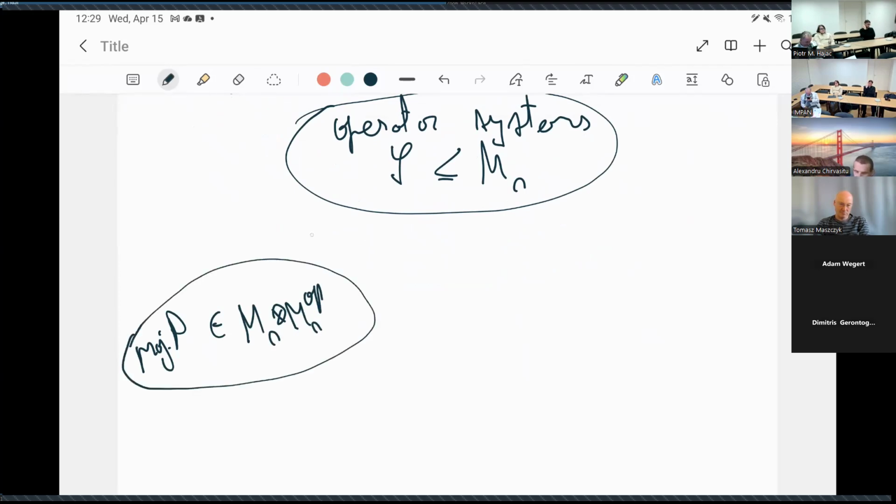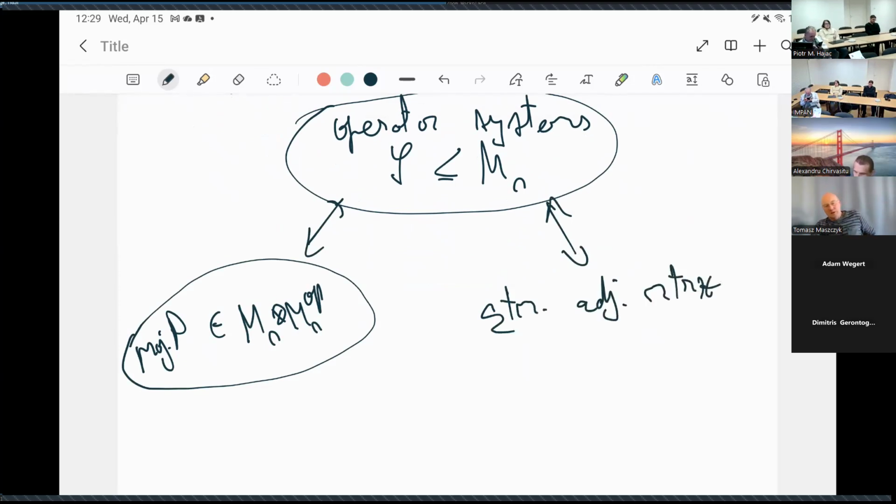And the same data can be packaged as a quantum adjacency matrix. Let's drop the vowels. Pretend they're optional, like they are in some alphabets. Quantum adjacency matrix A, which is a CP map from Mn to Mn.